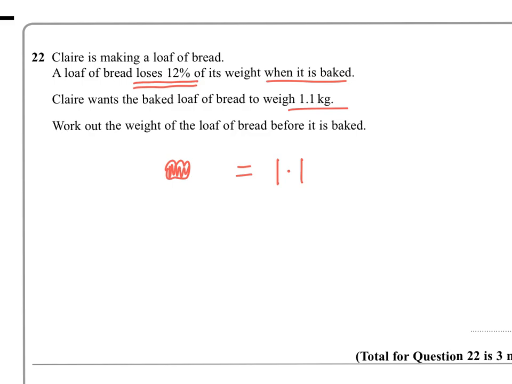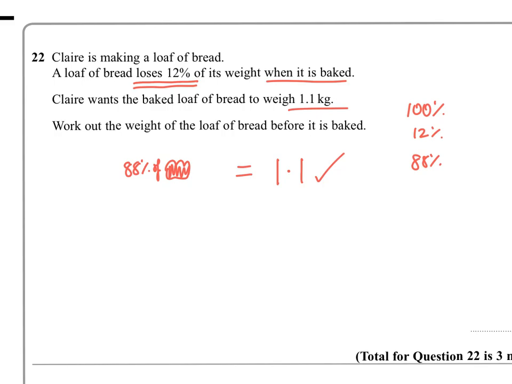So if you think about 100% as being the whole loaf, we know that if 12% of it is gone, there's only 88% of it left. So basically, 88% of bread, which is left, will weigh 1.1 kilograms.